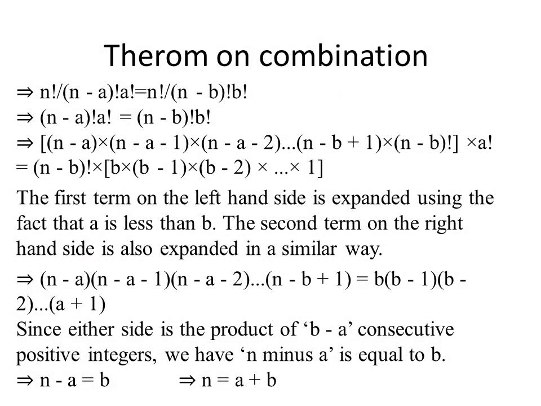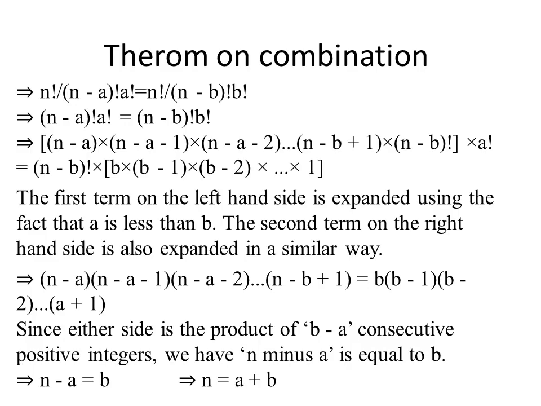That implies n factorial by (n minus a) factorial into a factorial is equal to n factorial over (n minus b) factorial into b factorial. That implies (n minus a) factorial into a factorial is equal to (n minus b) factorial into b factorial.